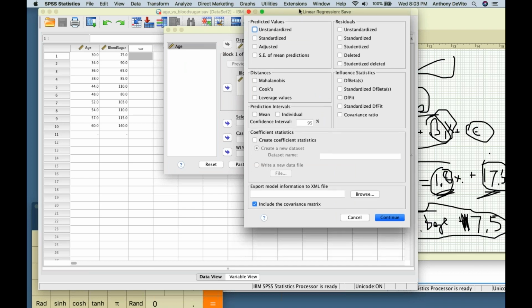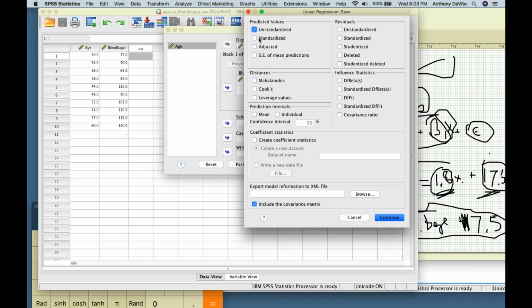SPSS will calculate for us predicted values, unstandardized predicted values, by the way. That means that it's not going to turn them into z-scores. It's just going to use the actual predicted values, just like we calculated a predicted value for blood sugar based on the age 30. It's going to calculate the real values based on the number, which is the age.